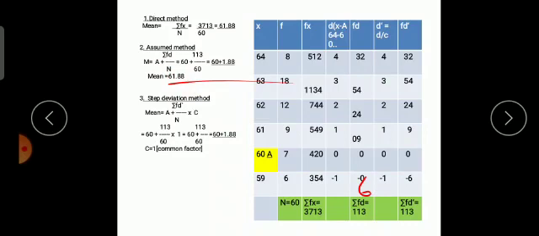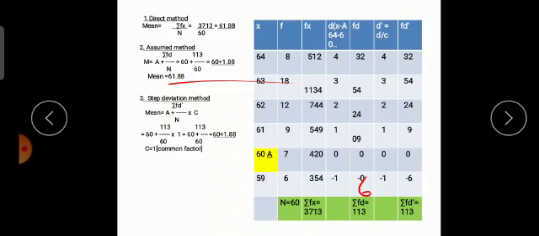Then the step deviation method, we need to find d dash, and c is the common width of the class x values. Now d dash, simply you can write it as d divided by c. Now just see in the x values what is the class width, what is the difference between each value. The difference is 1, that is 64 minus 63 is 1, 63 minus 62, 62 minus 61, 61 minus 60 and 60 minus 59, it is 1.